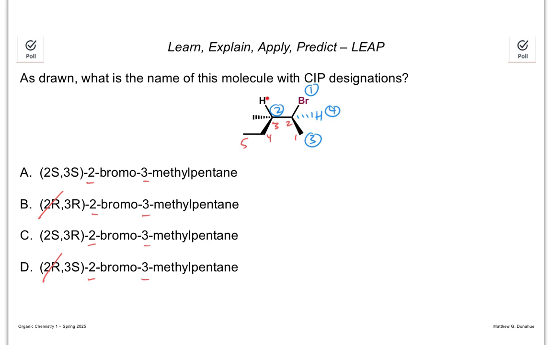The hydrogen's the lowest priority, and you want that pointing away from you. If you were to put your eye right here and look down that axis, of the 3 carbons, that one would get priority. So 1, then 2, then 3. If you do that, you end up going counterclockwise, so it's going to be S. A model kit would help you do that, or if you're able to change your viewpoint, you could see that in your mind. So C is out, and then A is the correct answer.